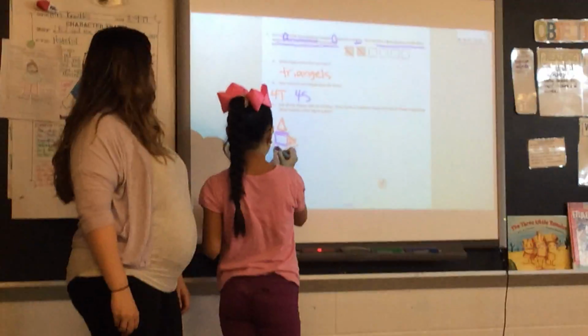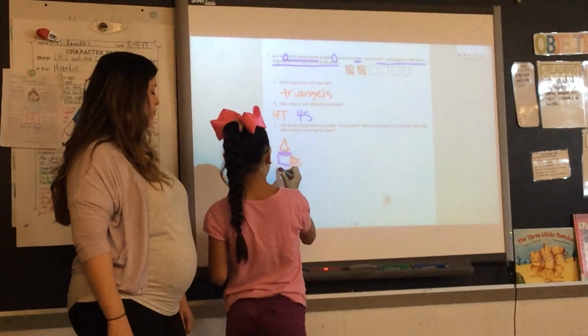So I have 2 triangles and 2 squares. Am I done? No. Ruth, come out, you can pick. Do you want to add a triangle or a square? It can't overlap.